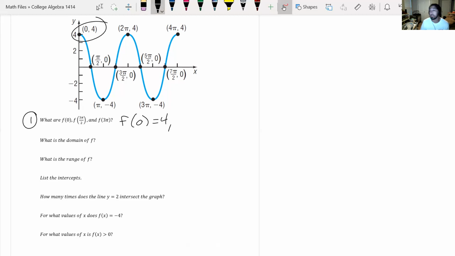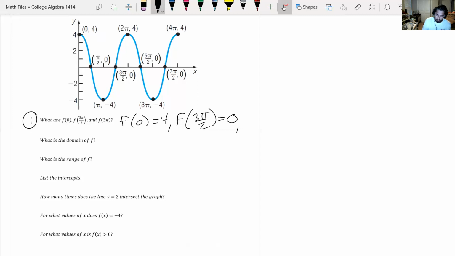The next one says, when x is 3 pi over 2, what is the value of y? And again, look at your points. When x is 3 pi over 2, y is 0. And in the very last one, when x is 3 pi, what is the value of y?